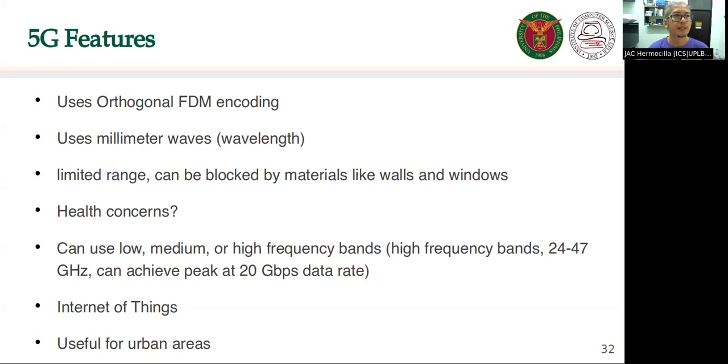Another promise of 5G is the support for what we call the Internet of Things, wherein different devices can connect directly to the internet via 5G. And it's useful for urban areas.